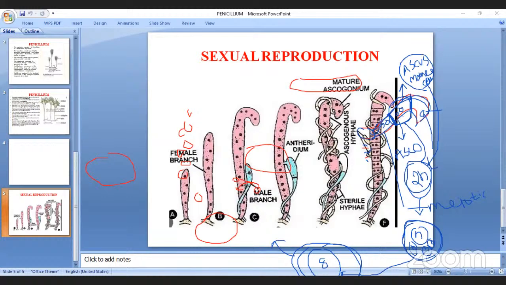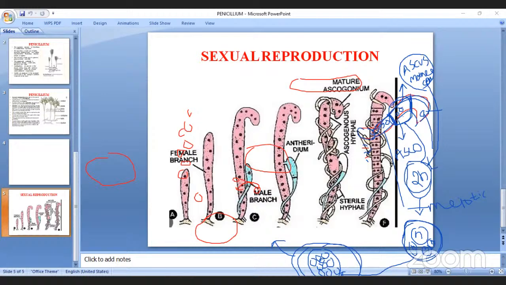Right, in figure number 11.2.2, see the G diagram. The life cycle is given clearly: A, E, F and G, H. In the G diagram, within the round shaped structure, the 8 ascospores are there. These 8 spores are called ascospores, as in the name Ascomycotina.